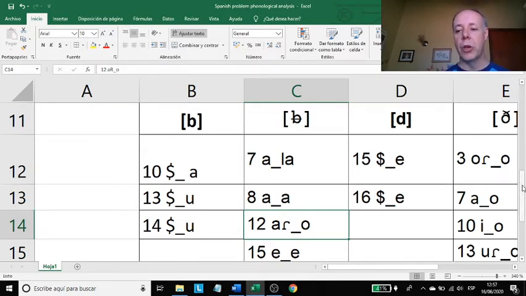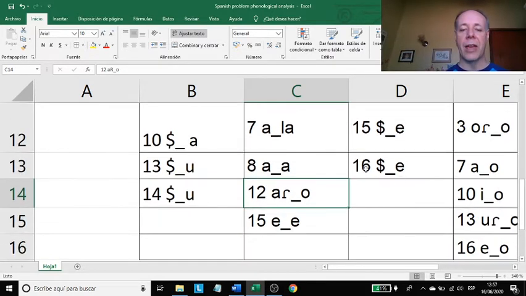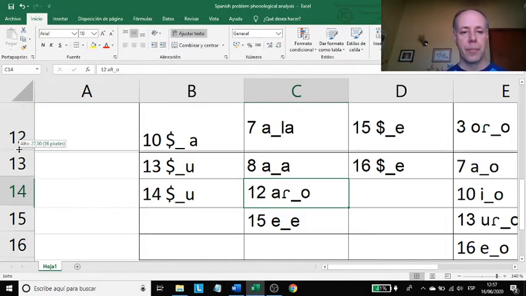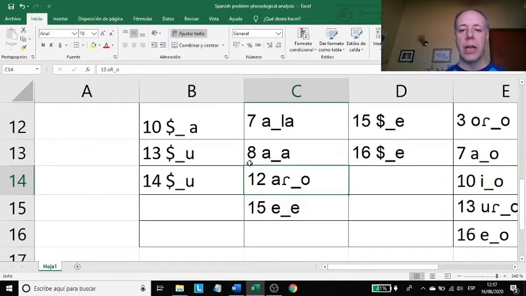Well, if you look at it, we have 4 different examples. And we have at the beginning, before a vowel and after a vowel.